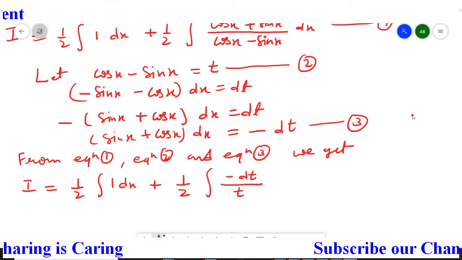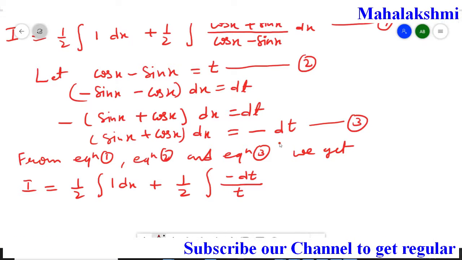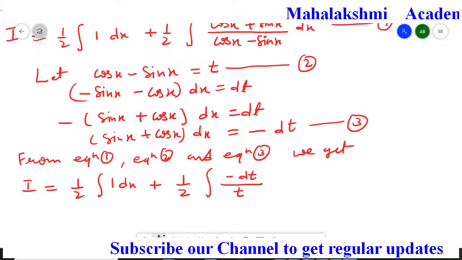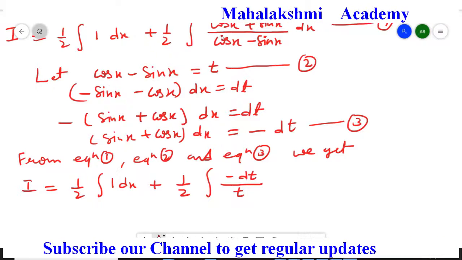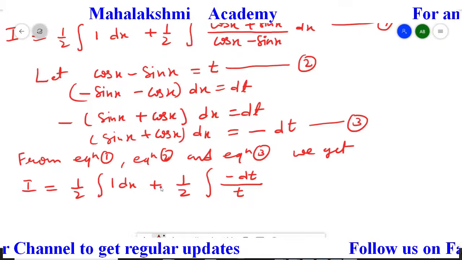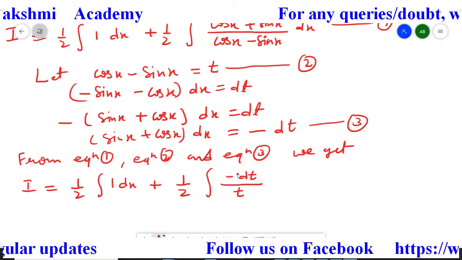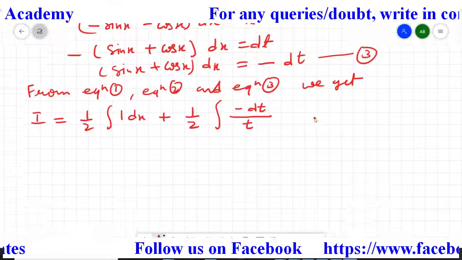I hope it's clear to you. Instead of sin x plus cos x and dx, I wrote here minus dt, and instead of the denominator I wrote only t. Now this minus sign will come out and multiply by plus, so it's going to be minus here, and then we are remaining with only 1 upon t.